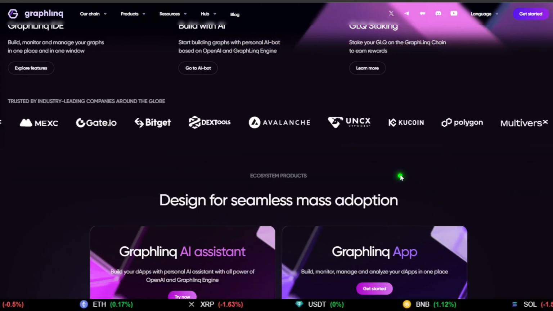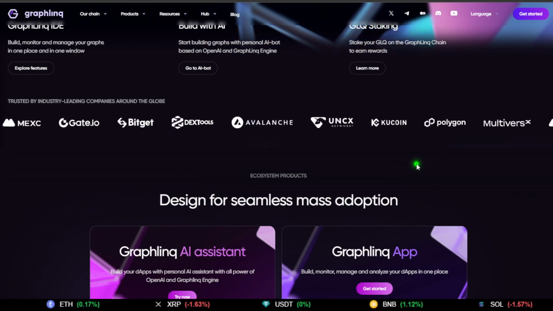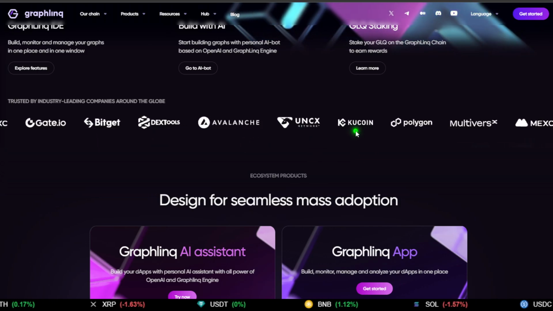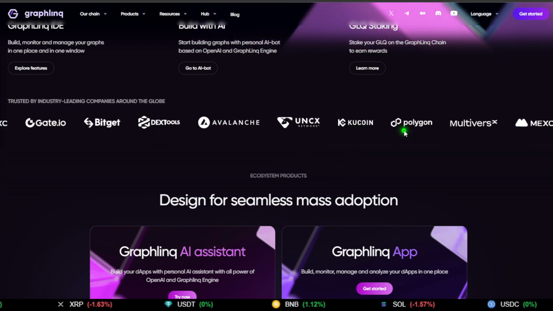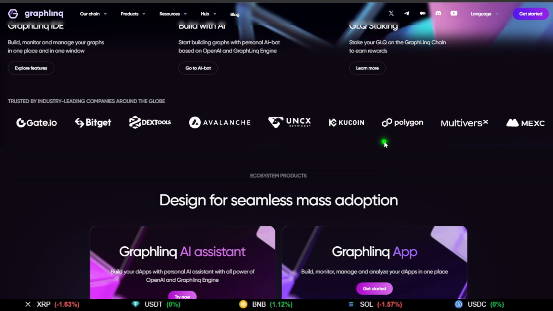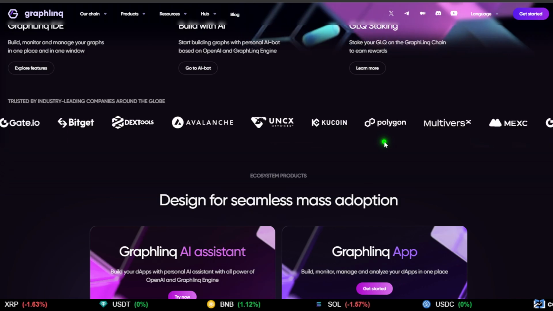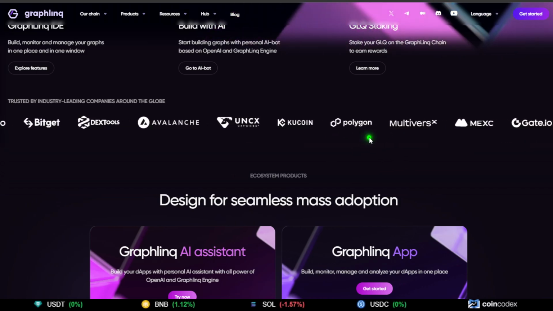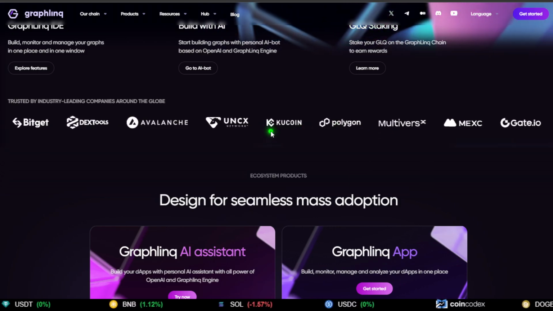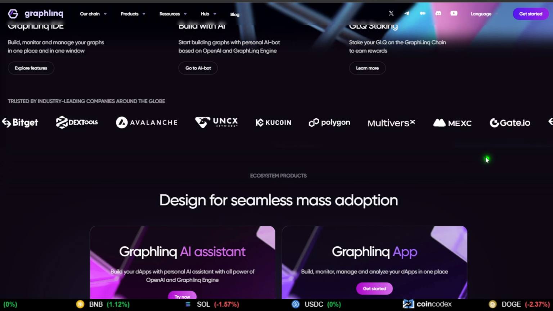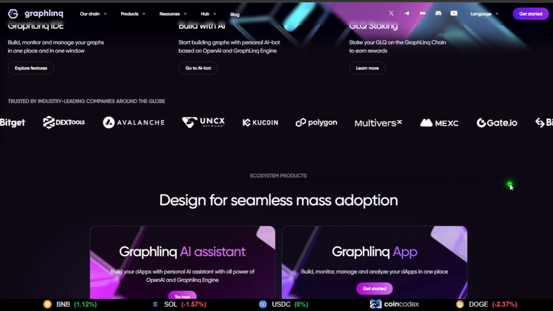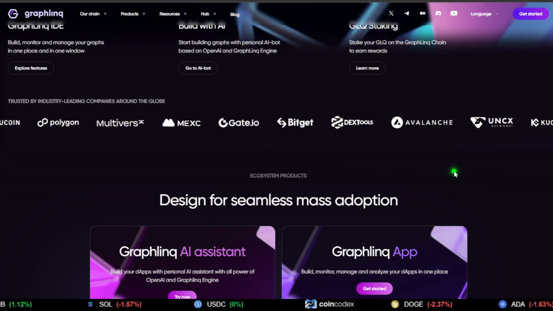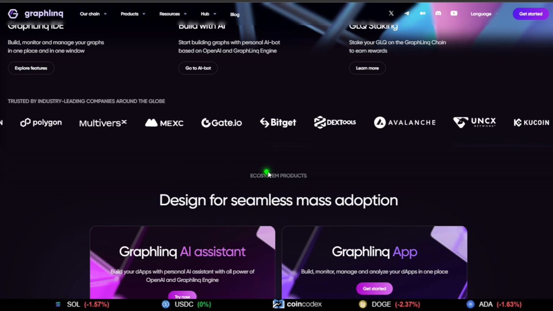Now, I do see some logos. As you guys know, I'm very critical about logos, and I'm glad to see that they are not claiming these individuals or these projects as being partners. They say these are leading companies around the globe that trust them. So this is great. Ultimately, they're just trusted. So they're probably listed on KuCoin, MEXC, Gate, BitGet, and so on. Maybe they have some sort of relationship with some of these, like, let's say, MultiversX or Polygon.